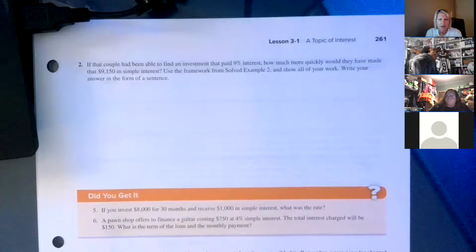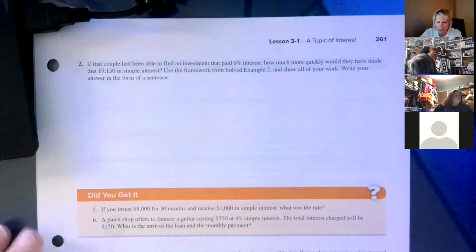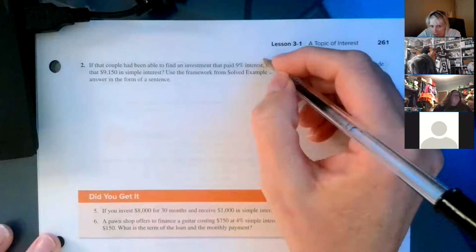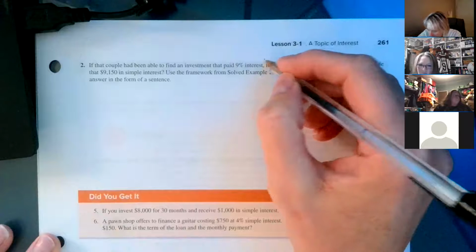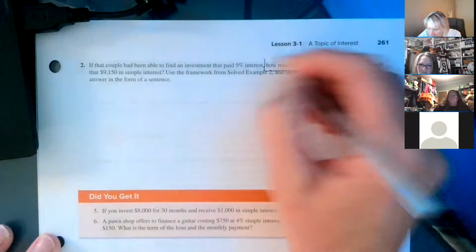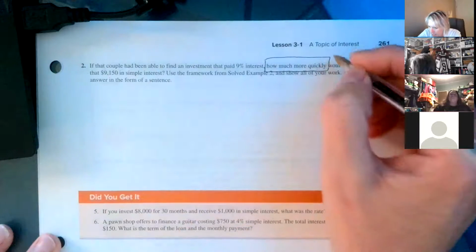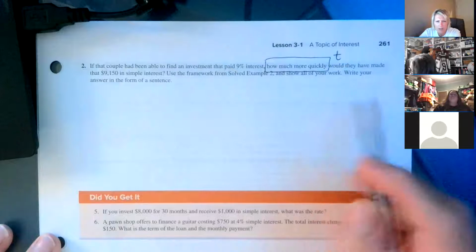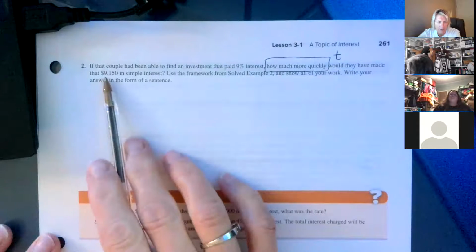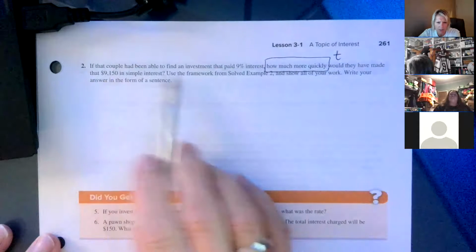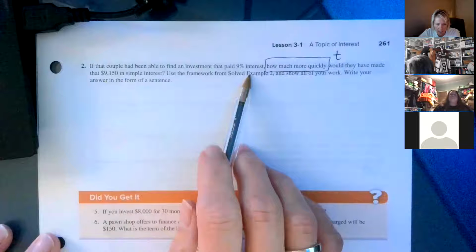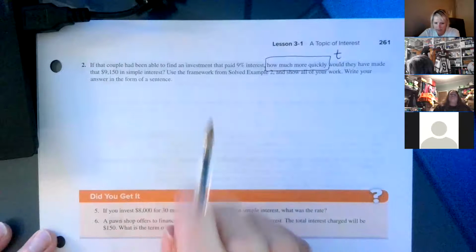But it says if they found the 9% interest rate, how much more quickly? So they're asking us about time. How much more quickly would they have made that 9,150 simple interest? Use a framework from example 2 again. Write your answer in a full sentence.